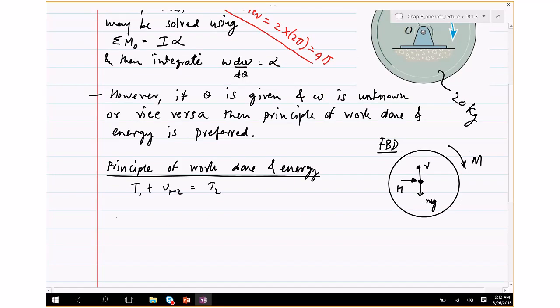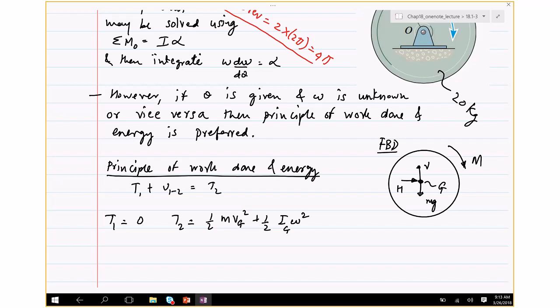So T1 is the initial kinetic energy. What's the initial kinetic energy? It's 0 because it starts from rest. What's the final kinetic energy? Remember I told you it's half m vG squared plus half IG omega squared, where G is at the center since it's a uniform disk.